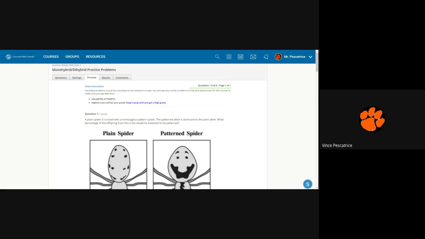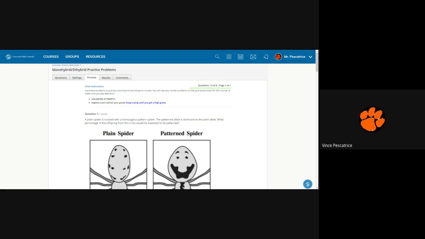So what percentage of this cross would be expected to be patterned? A plain spider is crossed with a homozygous pattern spider. Remember, homozygous means two of the same alleles. A plain spider is a recessive allele, so in order for a plain spider to show up, you would have to have two lowercase p's.